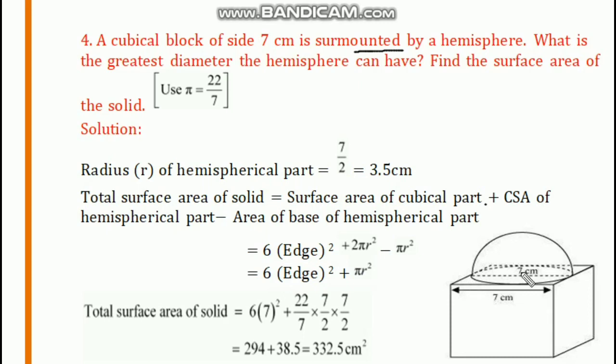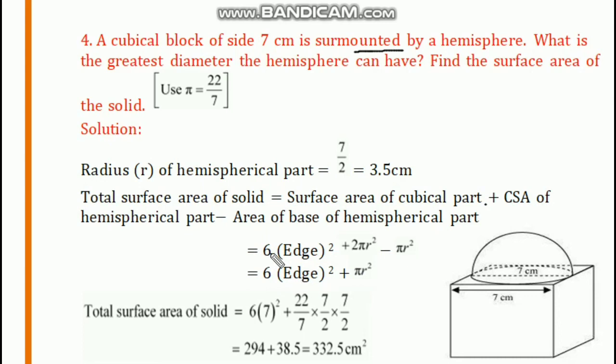So we need to calculate those places also. For that purpose, first we are finding the total surface area plus the curved surface area of the hemisphere. Then we need to subtract the base area of the hemisphere. If we subtract, easily we can find the total surface area of the solid figure.